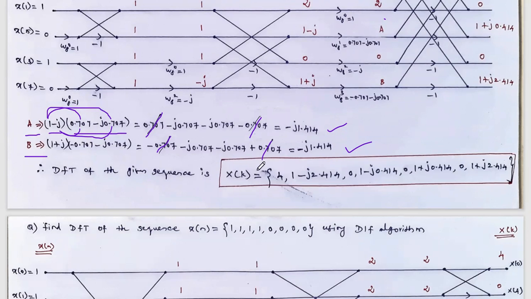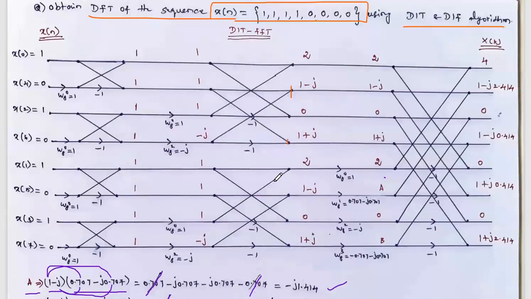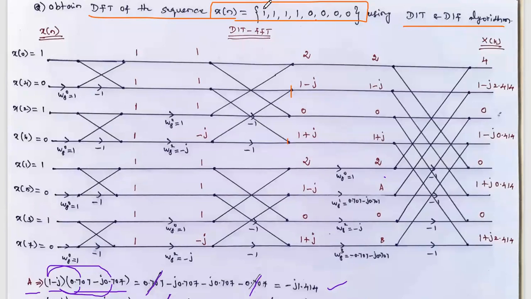Now we are going to check the answer. All DFT problems obey this property. For any problem, if you take the DFT, look at the first answer, which is 4 here. What does this 4 mean? It is the addition of the samples given in the time domain sequence.